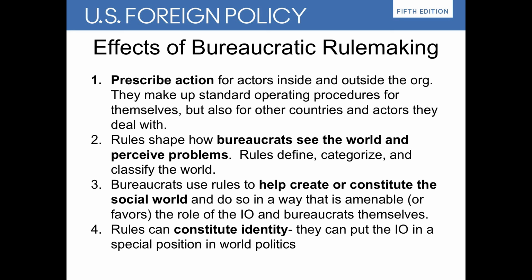Finally, rules can constitute identity. So when a bureaucracy creates a rule, they usually do so to put themselves in a special position. And the acronym IO there means International Organization, because this list of rulemaking applies to agencies within the US as well as outside.